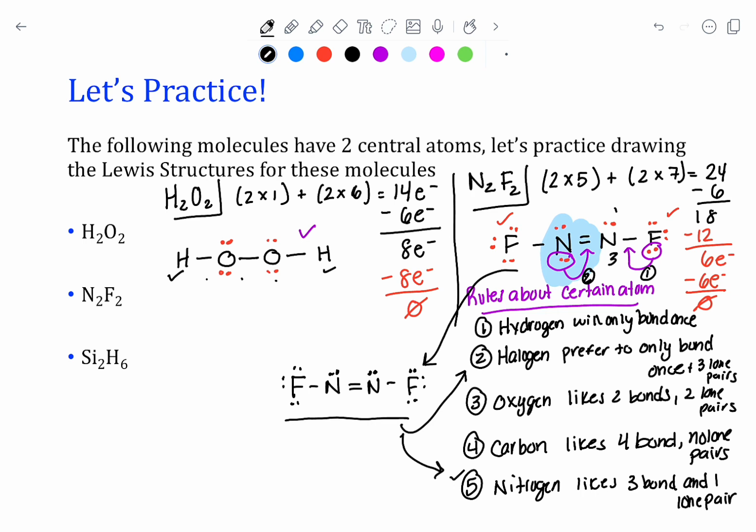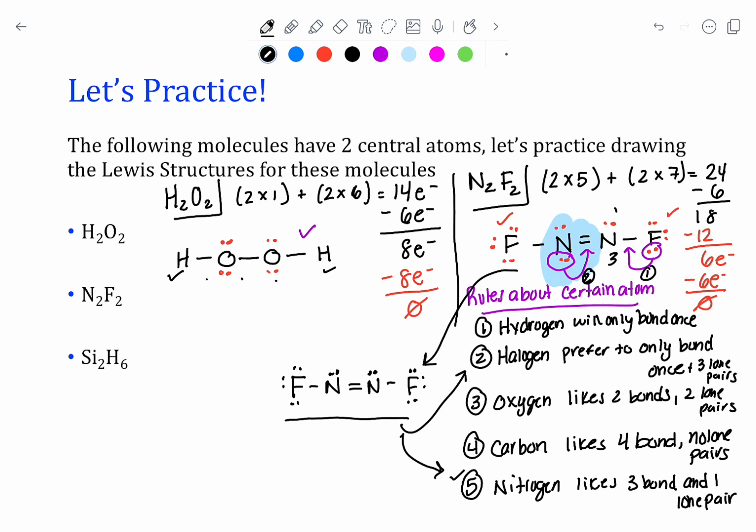Are there exceptions to these rules? Yes, we will see this oftentimes with larger molecules, if they just have a lot more electrons. We also see it if we have charges, that these rules can change. But typically for neutral atoms, if they're not too large of atoms, they will follow these general rules.